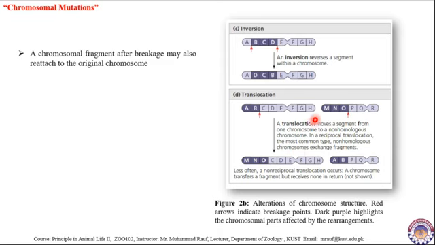So what happens in inversion? This is a normal chromosome, and that particular segment is broken from both sides. It is rotated 180 degrees and reattached to the same chromosome. So what will be the effect? Only the order of the genes will be changed, whereas there will be no net loss or gain of genes.